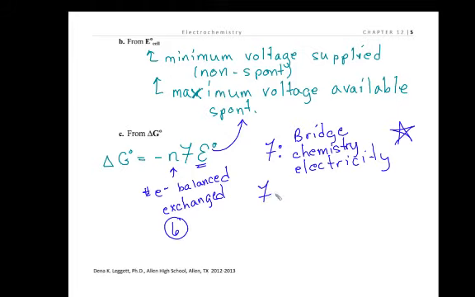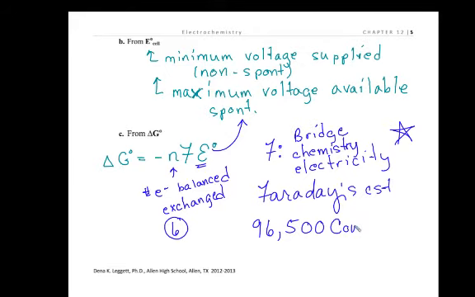F is Faraday's constant. When I was in undergrad, that was the name of our science hall. It was Faraday. So it's called Faraday's constant. And it is roughly 96,495, I think, but we can usually get away with 96,500 coulombs, which is a measure of charge, for every 1 mole of electrons.